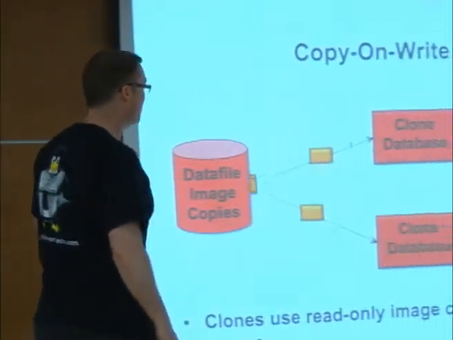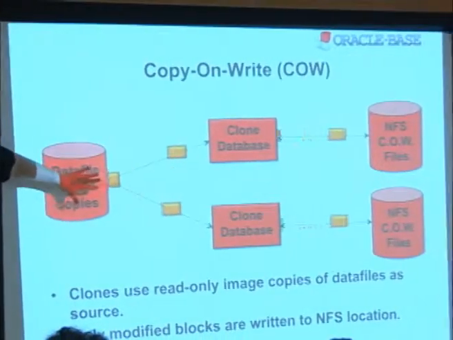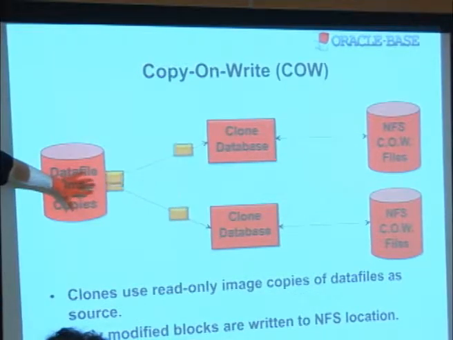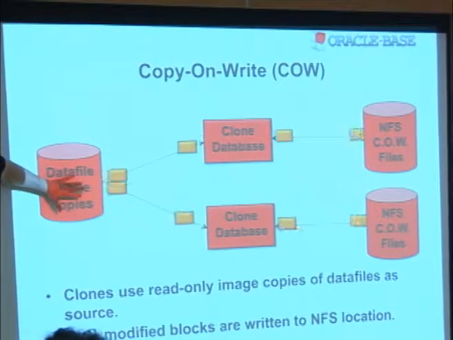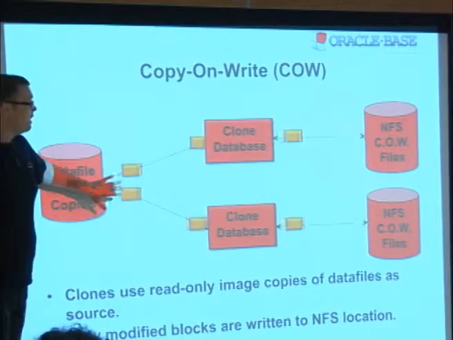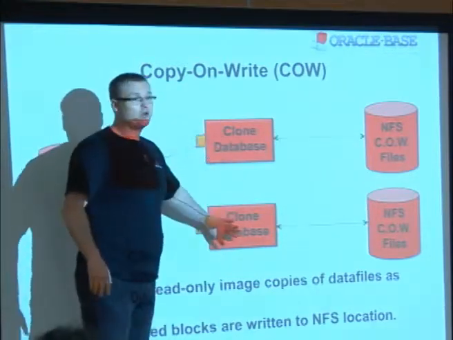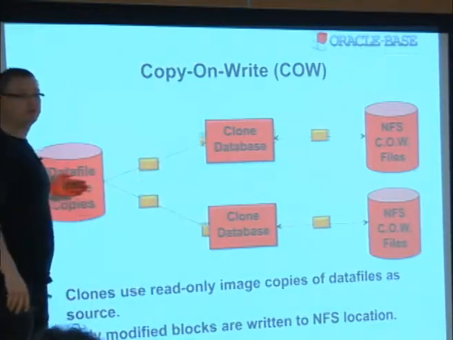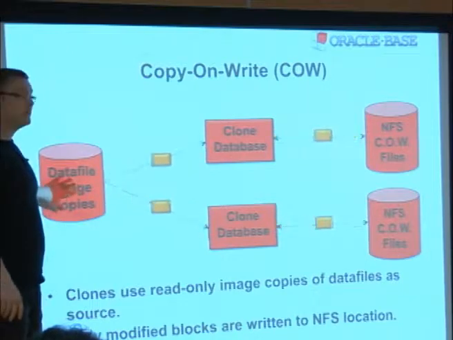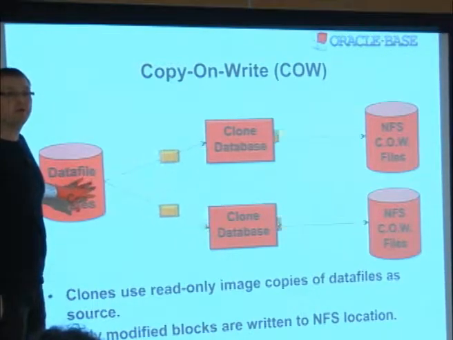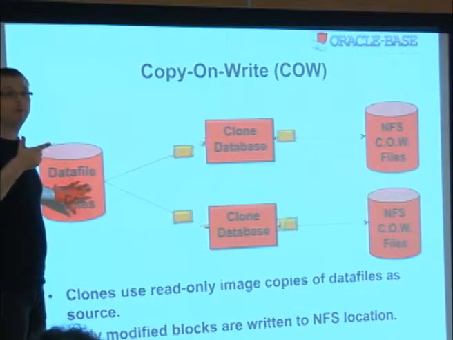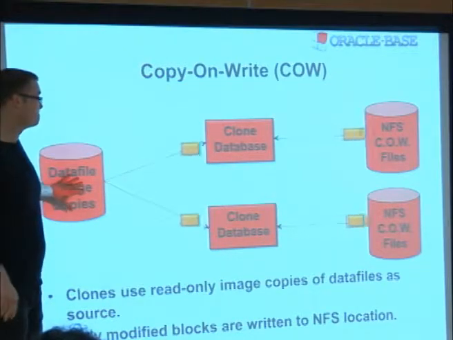So just to give you an idea of what's going on, I have my data file image copy backups that I've taken with RMAN or doing a cold backup. I can then start up one or more clones using that as the source. So this stays read-only. This can sit on any file system, local, Samba, NFS, doesn't matter.